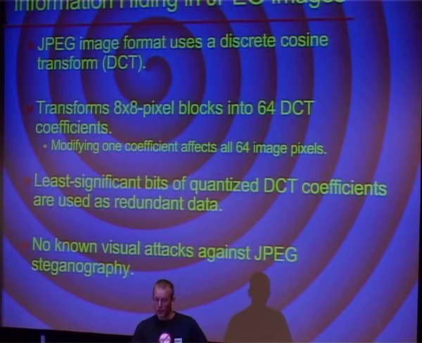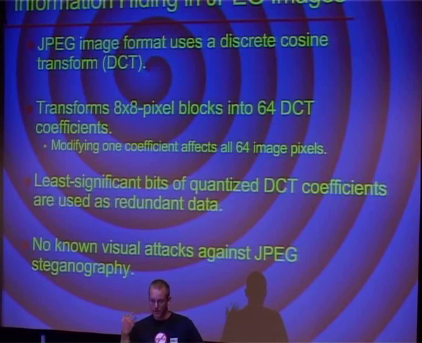The redundant bits in the case of the JPEG image format are the least significant bits of the quantized DCT coefficients that we get from the discrete cosine transform. Because the changes to the coefficients are spread out, there are no known visual attacks against JPEG. With visual attacks, we mean, for example, you take an image of a house. If you look at the image, you see the structure of the house.